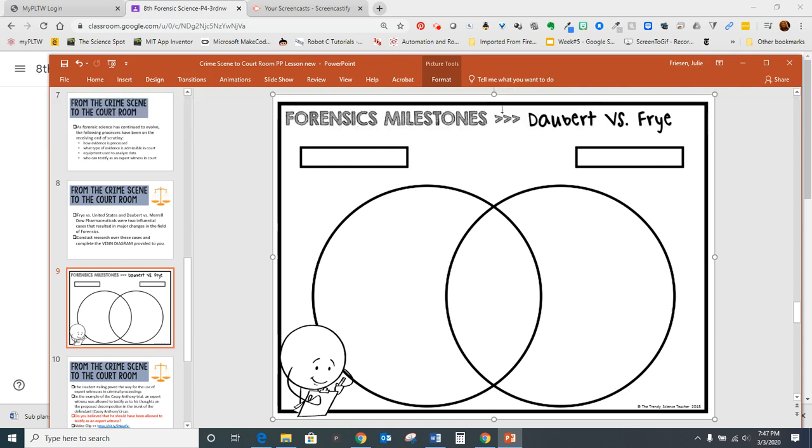On this side, you're going to talk about Frye versus the United States, and on the other side, this court case is going to be Daubert versus the pharmaceutical company. And you're going to write down all the differences out here on the outside of the circles.